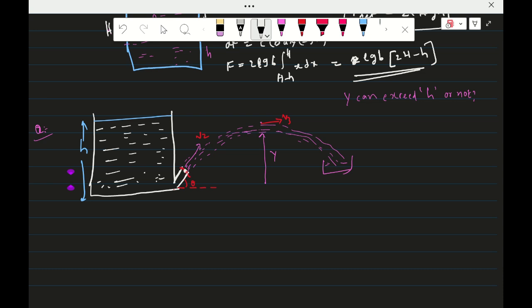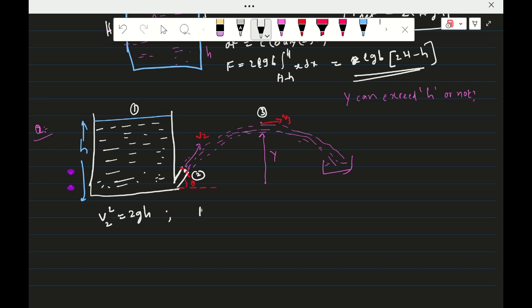So apply Bernoulli's principle to points 1 and 2. This is the second point. This is the third point considered. For Bernoulli's principle at 1 and 2, we will get V2 square is equal to 2gH. After solving that, now Bernoulli's principle for 2 and 3.